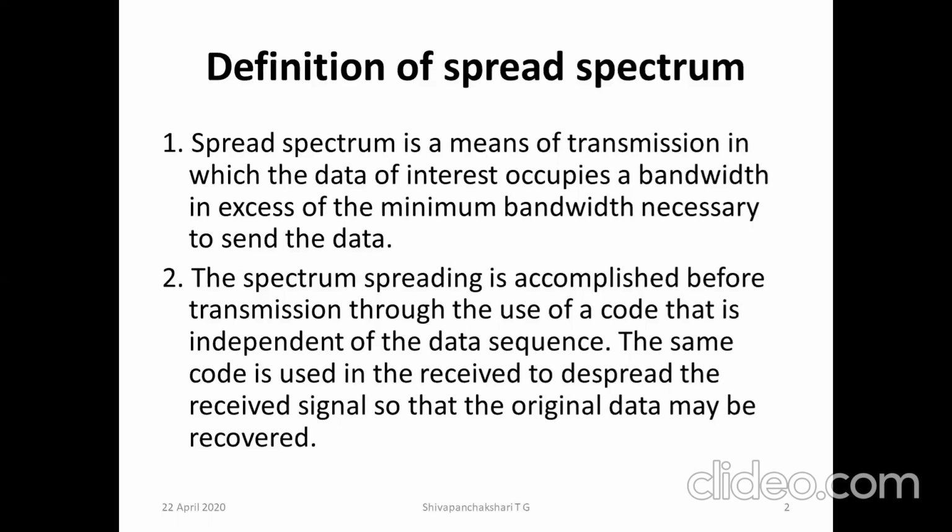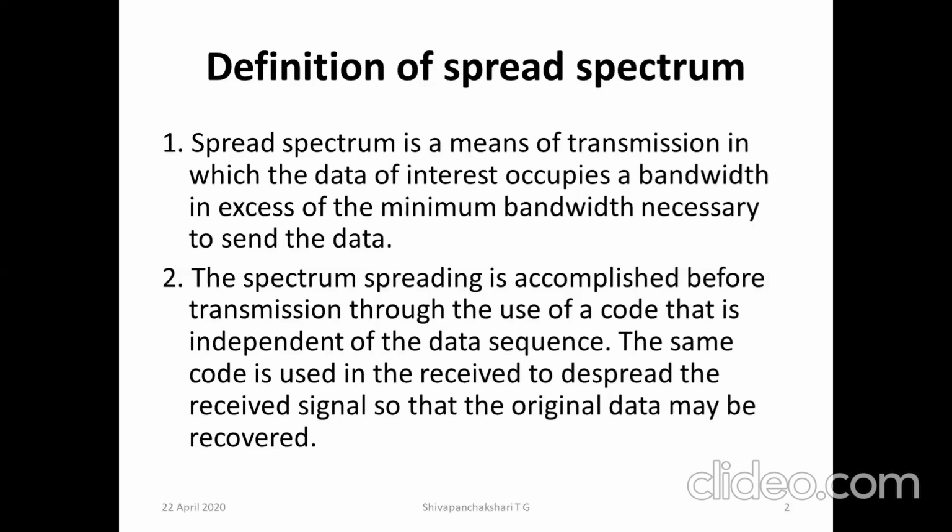In the second part of the definition, we introduce one more piece of information. The spectrum spreading is accomplished before transmission through the use of a code that is independent of the data sequence. The same code is used in the receiver to despread the received signal so that the original data may be recovered.